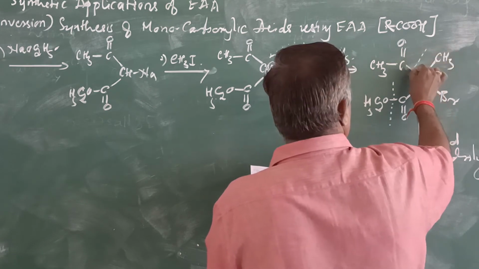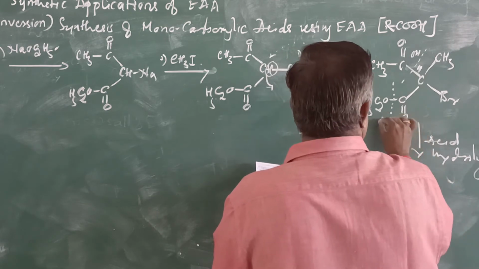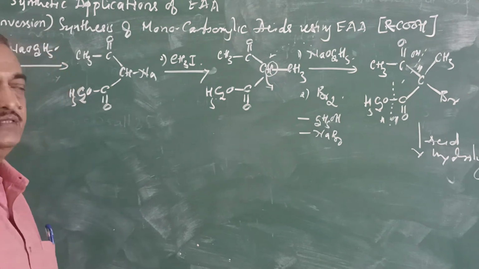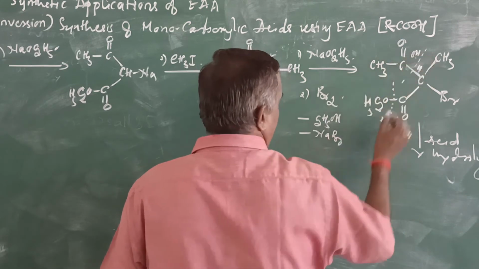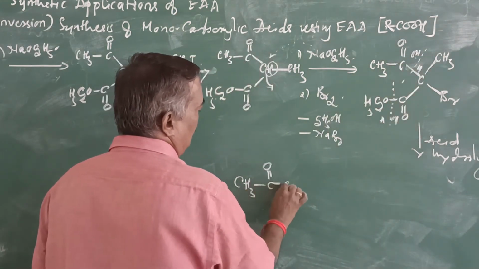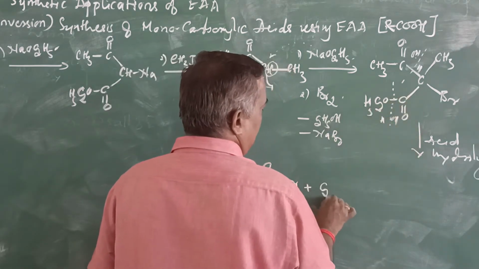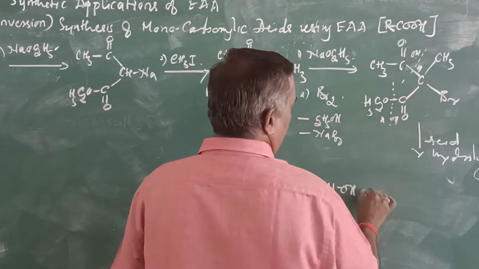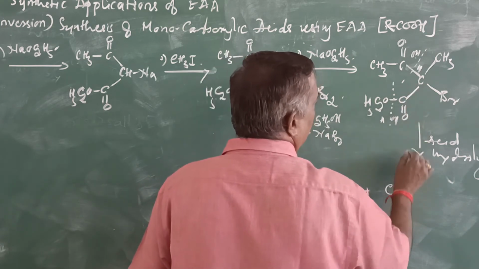Whenever hydrolysis takes place, there is addition of OH and H. So we get CH3COOH, this is the starting material, then C2H5OH, this is alcohol, and the remaining is CH3, right?